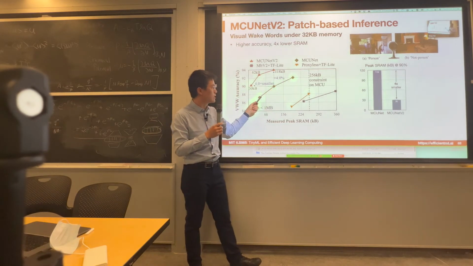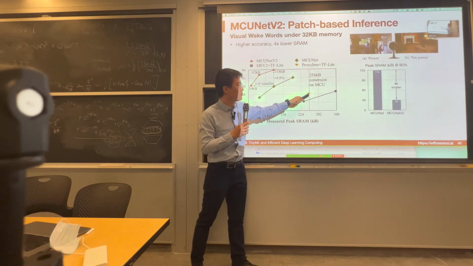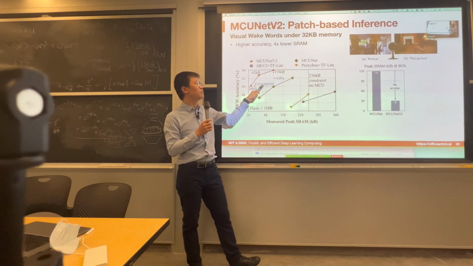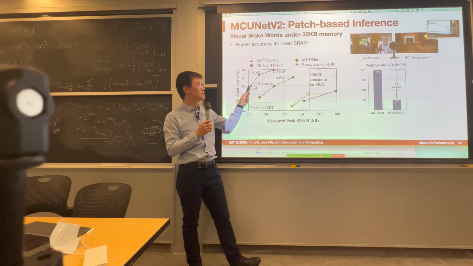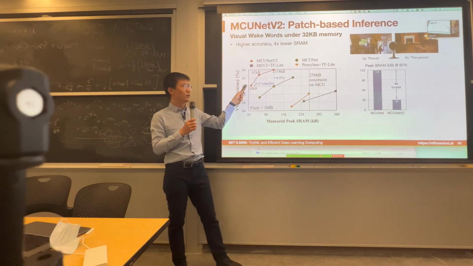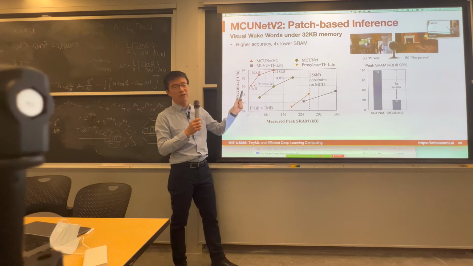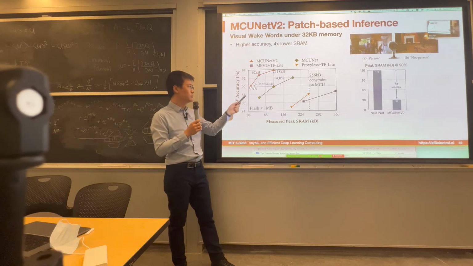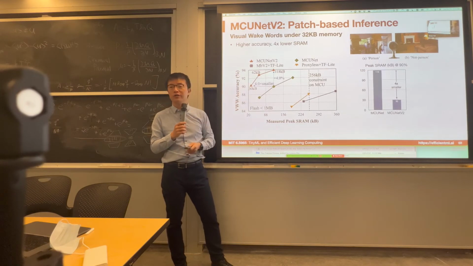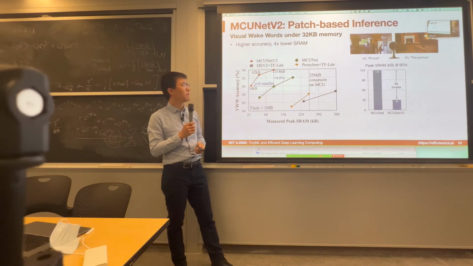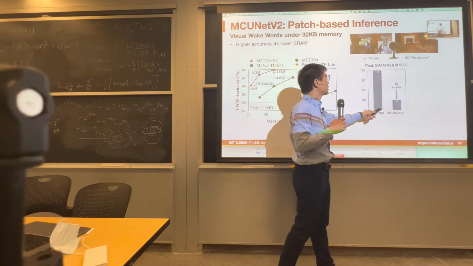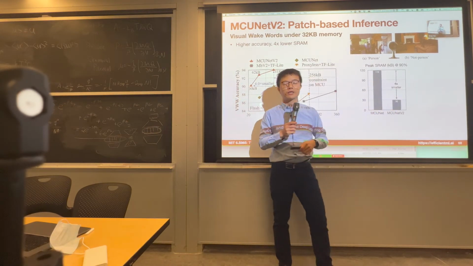With MCUNet, we reduced the memory from 256 to only 128 kilobytes, but with even higher accuracy. Now we have 90% accuracy. The second version, MCUNetV2, further pushed that by 4 times. So still 90% accuracy, but requiring only 30 kilobytes of SRAM, and this shows the memory reduction from 120 to 30 kilobytes.